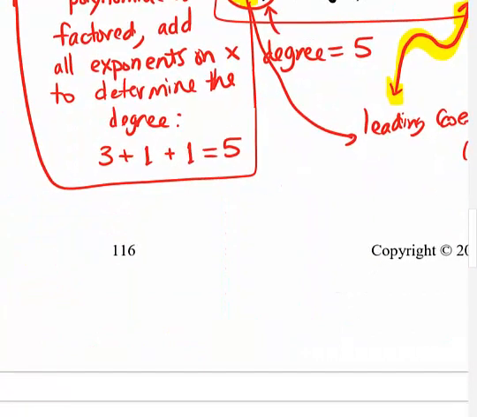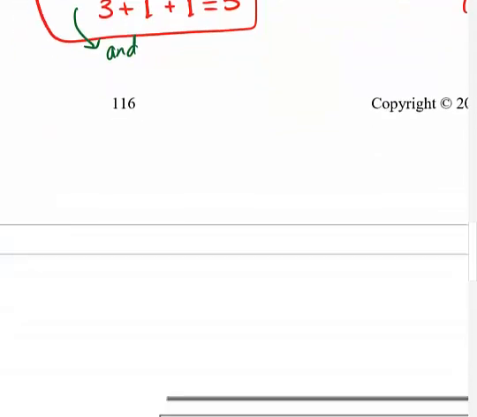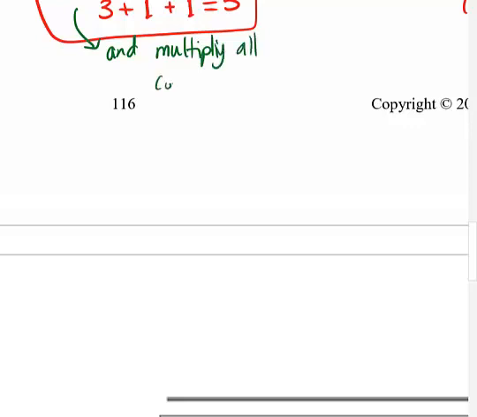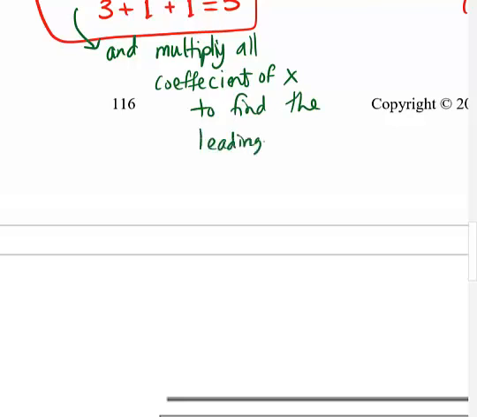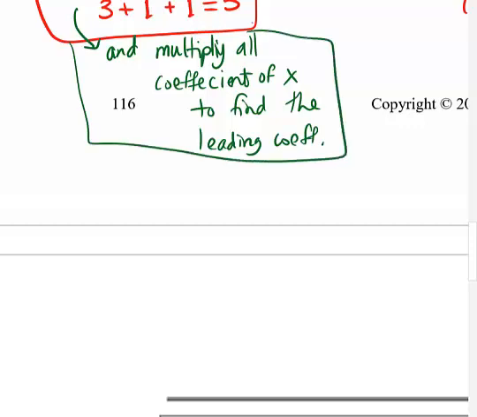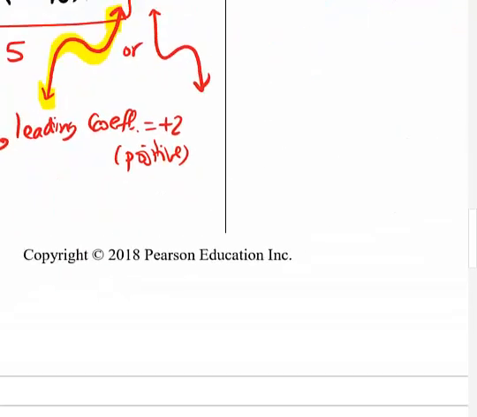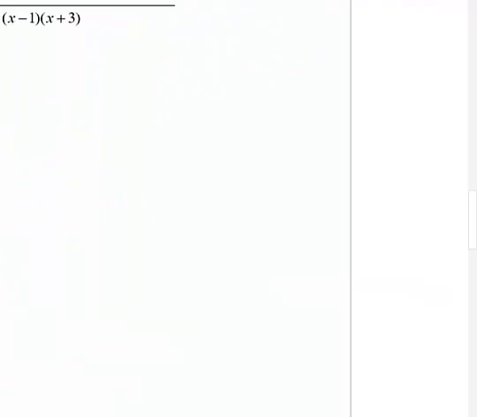So multiply all coefficients of x to find the leading coefficient. You won't come across this type of thing too often, but here's a quick way of doing it instead of having to multiply it out. That would be a pain.